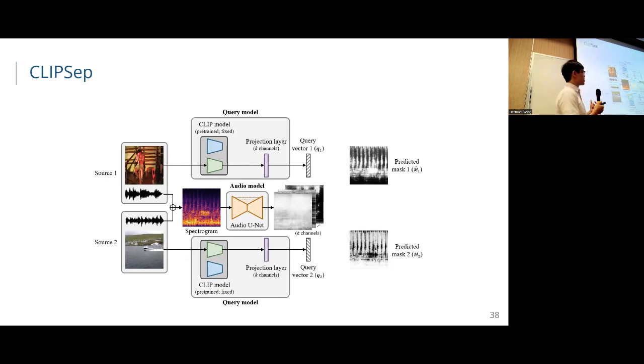So what the model is actually doing is looking into the mixture, listening to the different sounds, and basically doing classification. It's a classifier that tries to classify each pixel as being the sound from the first image or the sound from the second image. So that's how we train this model.